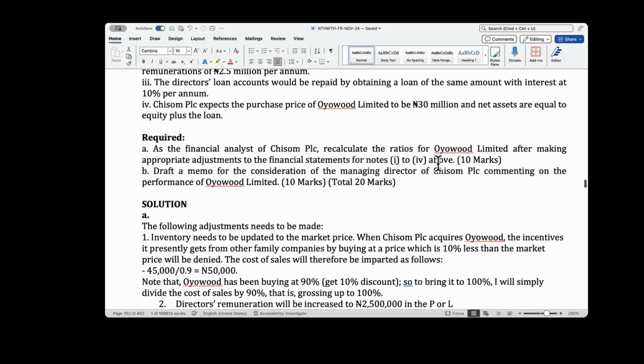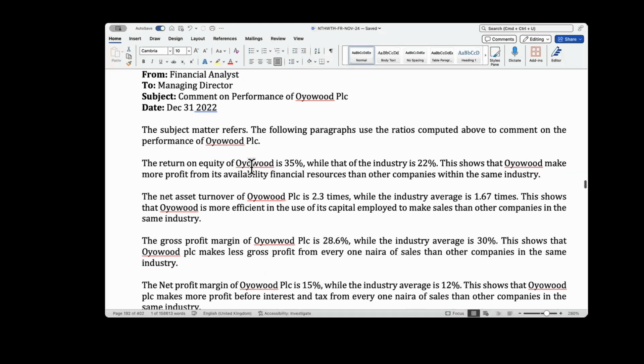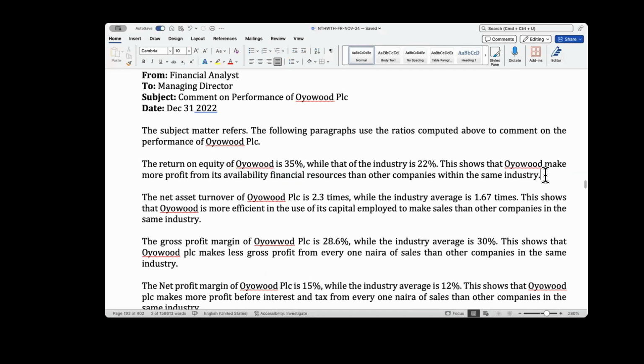This shows that Oyo Wood makes more profits from its available financial resources than other companies within the same industry. It's making more profit, 35 against 22.